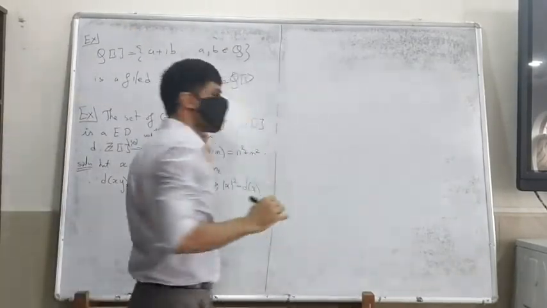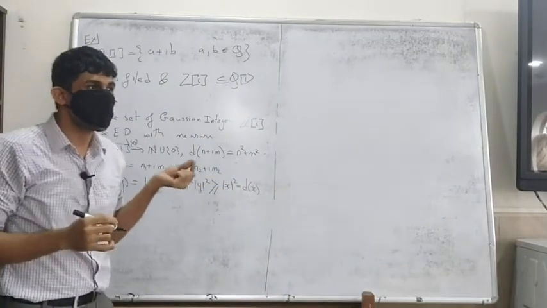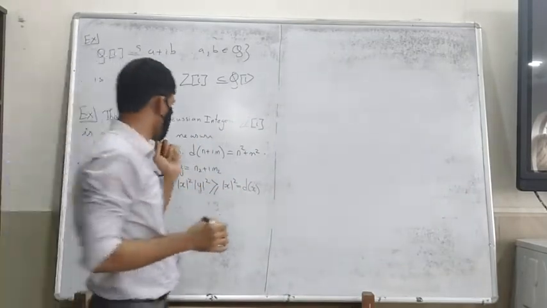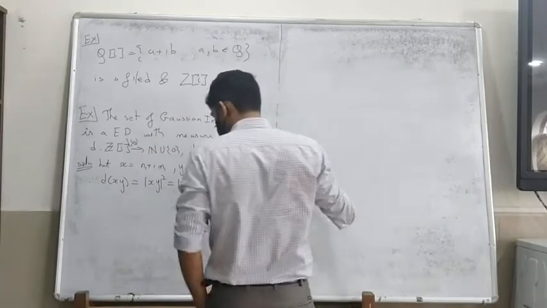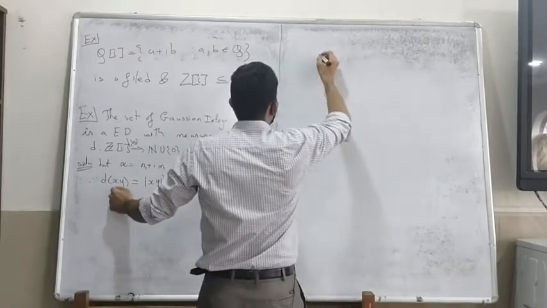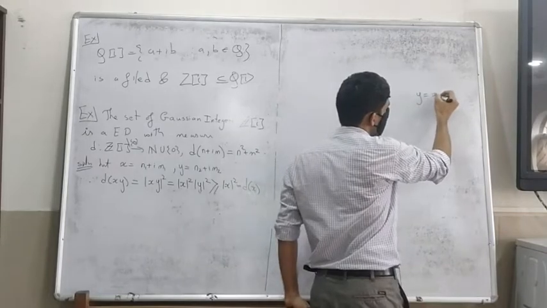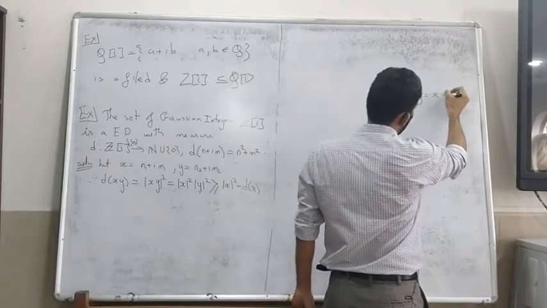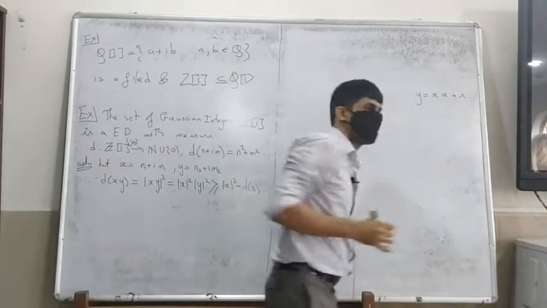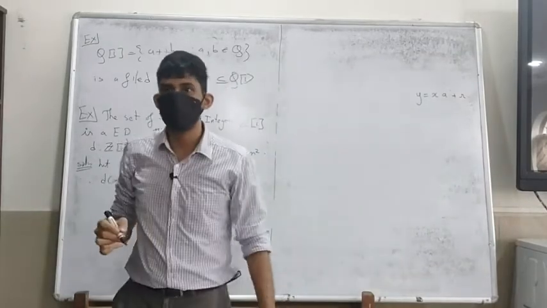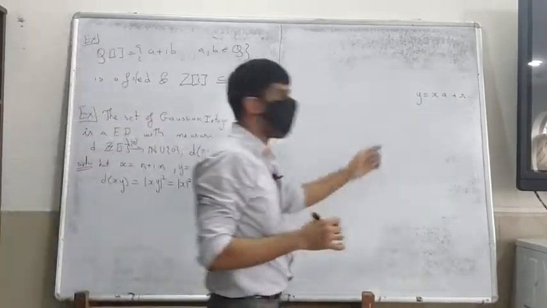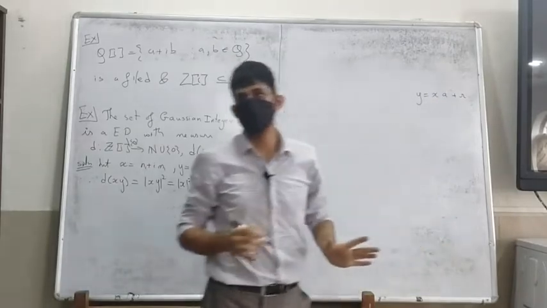This is a little bit tricky. I actually don't know why this choice is made, but that's the way it works. What I want to do is write y as some x times a plus r. This is the attempt, to write y as some x times a plus r.